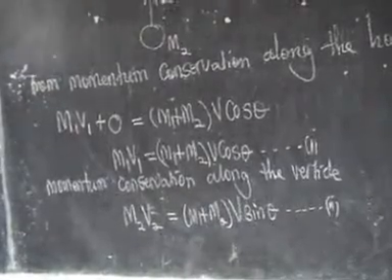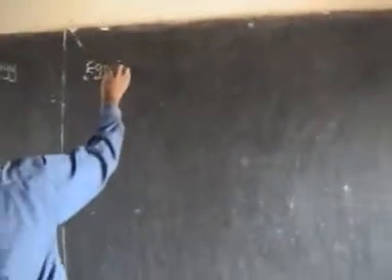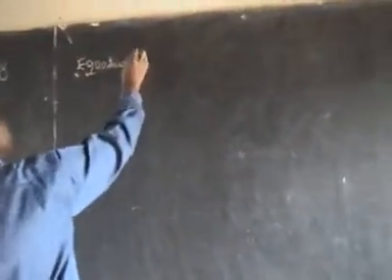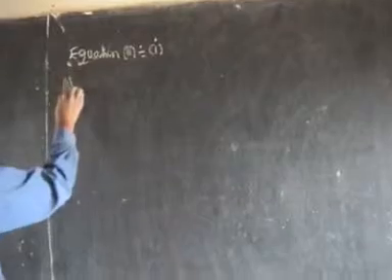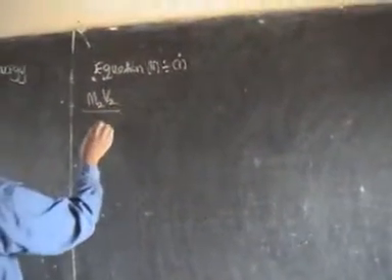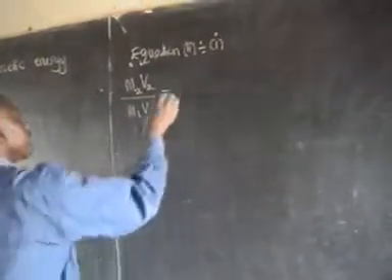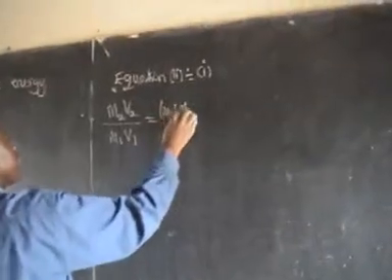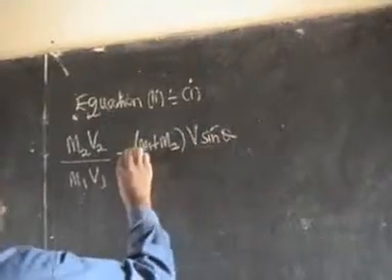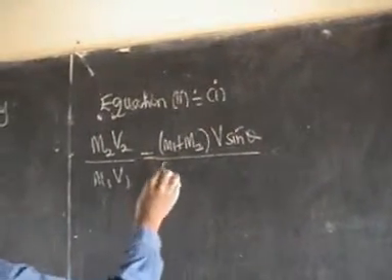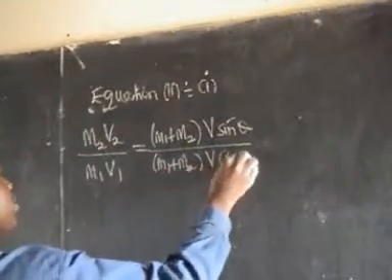I'm going to divide the two equations. Equation 2 divided by 1 shall have our m2 v2 over m1 v1 equal to m1 plus m2 v sin theta divided by m1 plus m2 v cos theta.